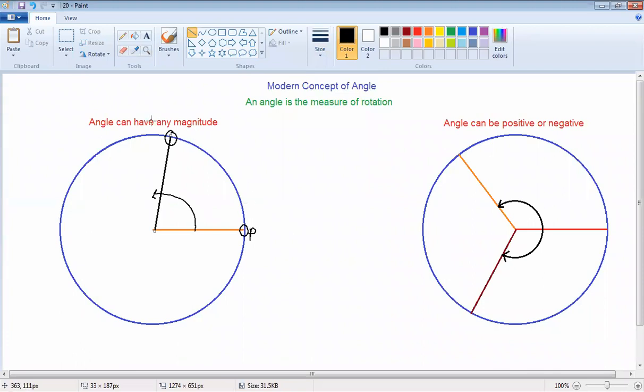As the wheel rotates further, the point will go, suppose here. A larger angle will be formed. Let us take another position of the point. Suppose the point has reached this position. So the angle formed is this much.